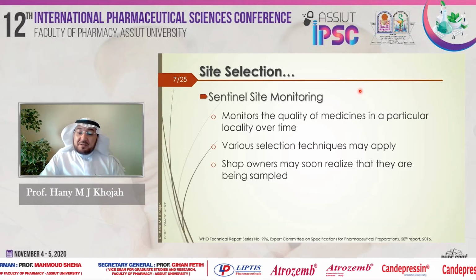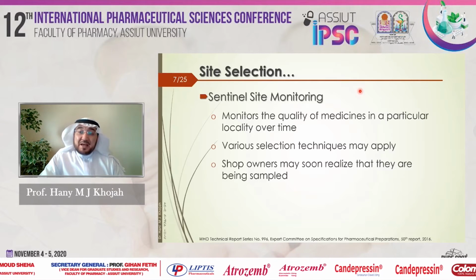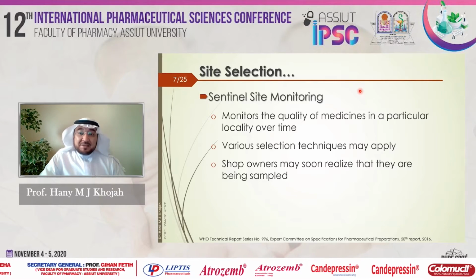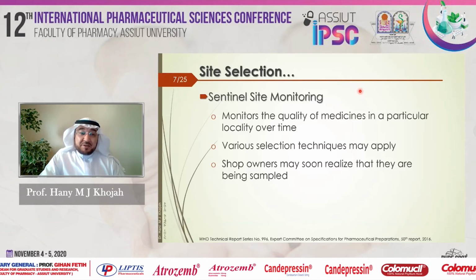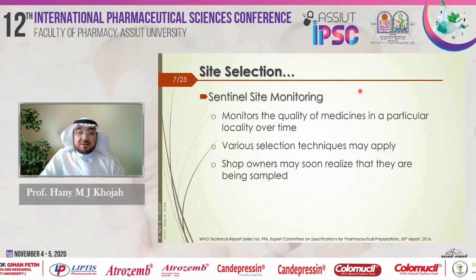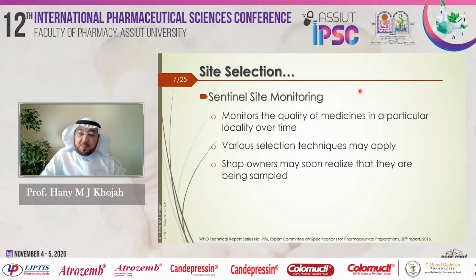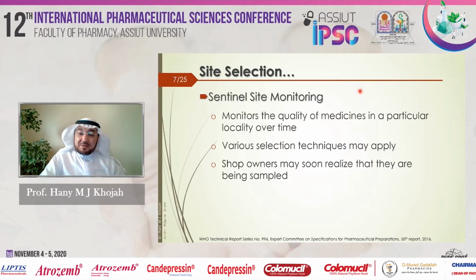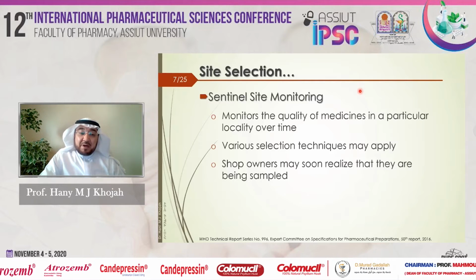But the owners of these pharmacies may become aware by time. They realize that they are being watched by the authorities. So this will lead to a change in behavior. So they may hide the counterfeit products when they expect a sudden campaign by the authorities.